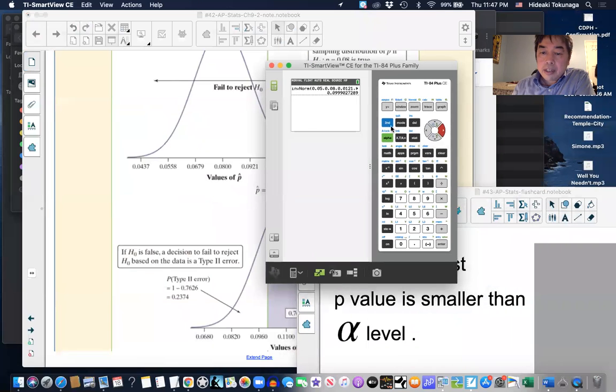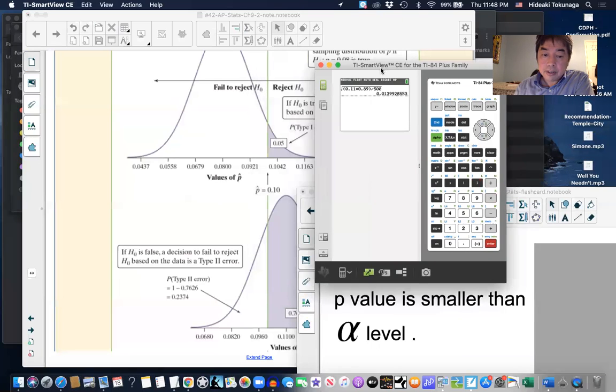Now, standard error is the square root of parenthesis 0.11, that's success, failure is the complement of this, so 0.89, close the bracket, divide by the same 500. So this is the standard deviation when mu is 0.11.